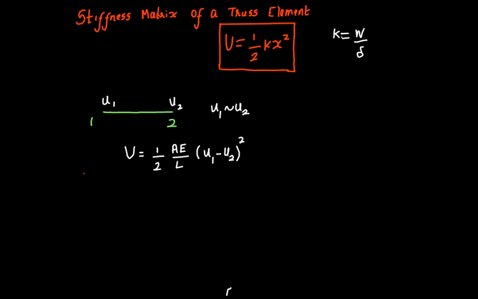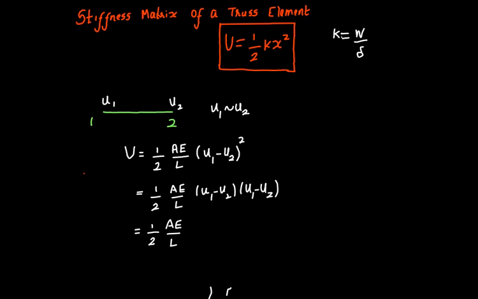All right, and the next step, it's going to be 1/2 into AE divided by L. I can write this term as u1 minus u2 into u1 minus u2, as that is u1 minus u2 the whole square. All right, in the next step, it's 1/2 into AE divided by L. What is this u1 minus u2?